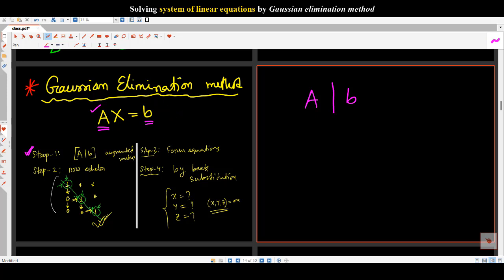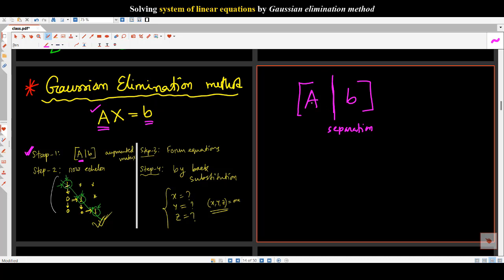So that is what I have written here. You have A matrix. A matrix is the coefficient matrix. B matrix is the right hand side constant matrix. Whenever we are writing this together and we are mentioning that there is one separation, this is actually denoting the separation bar.